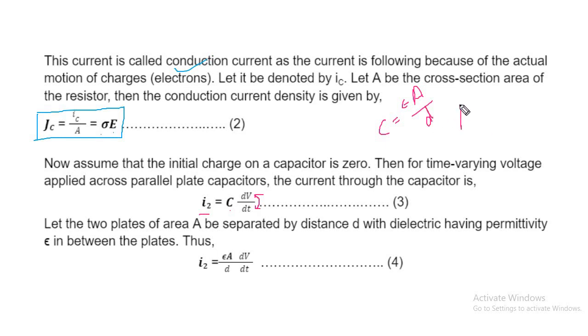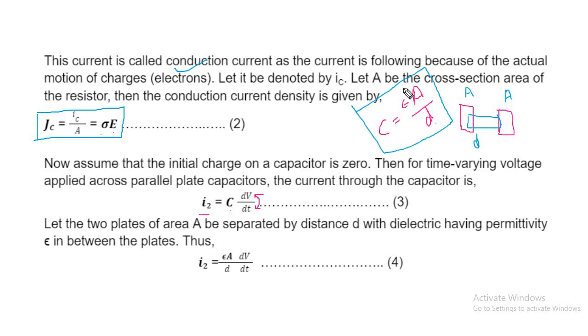What is this thing? You can take a capacitor, that means you have two conducting plates, and in between there will be a dielectric. So the cross-sectional area of the plates is given by A, and the distance between the two plates is given by d. So if you have certain dielectric materials placed inside, the capacitance value is given by this.